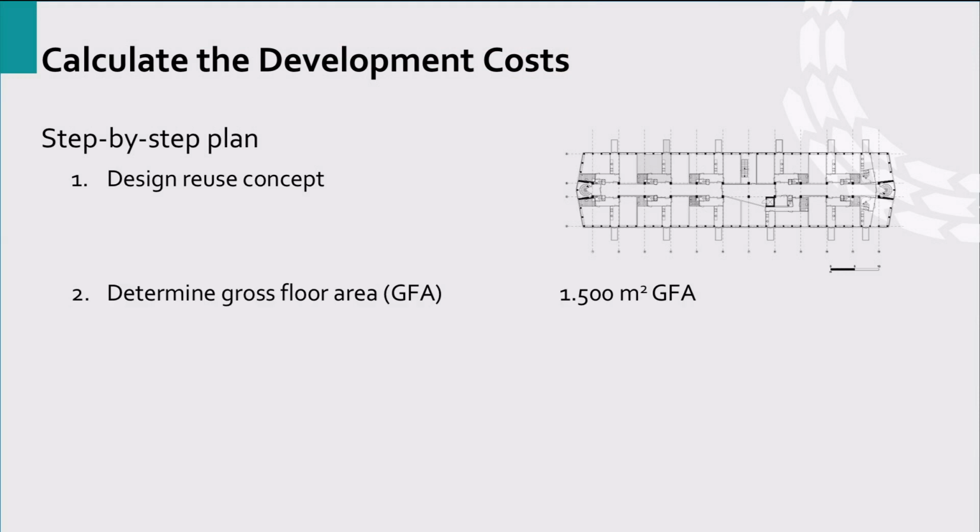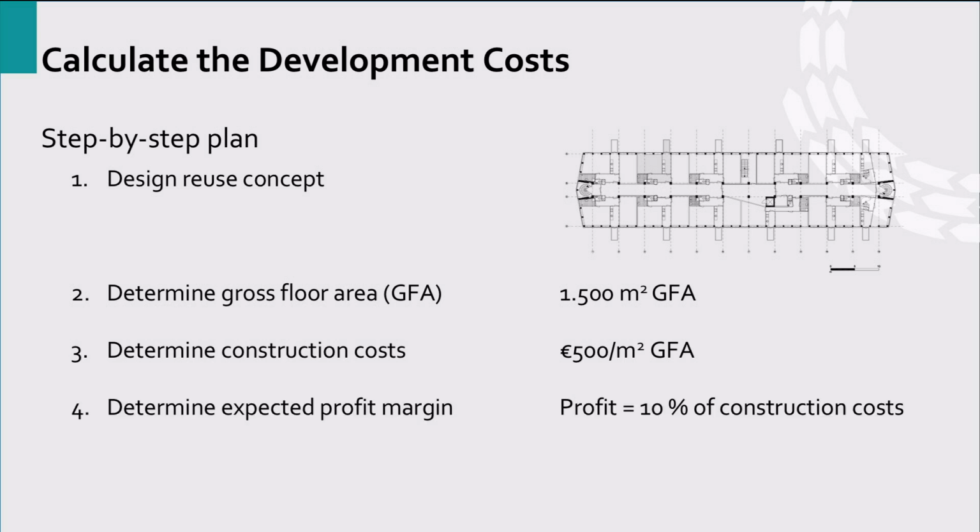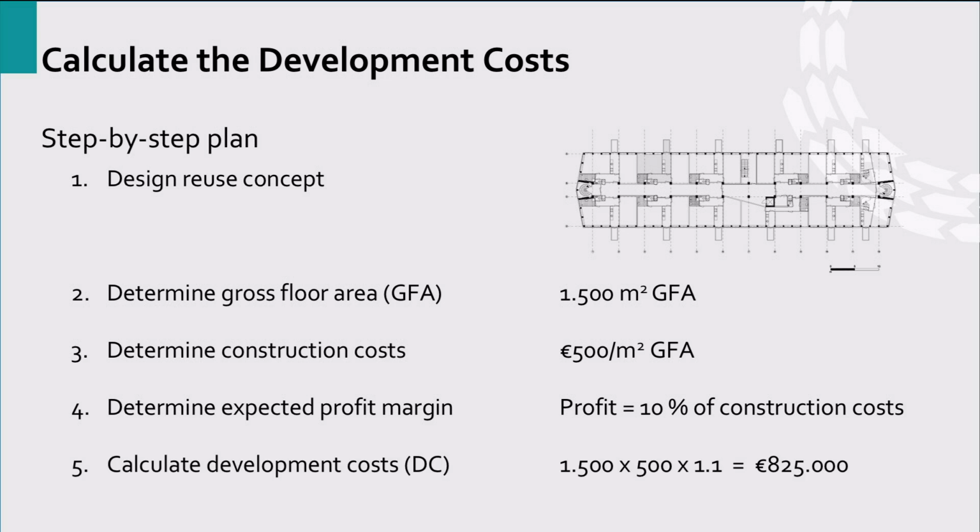Then you determine the gross floor area of the building. And after that, you determine the average construction costs for the specific reuse plan. Then you calculate the expected profit. This can be a percentage of the total construction costs. When you have found all these numbers, you can calculate the total development costs by adding the construction costs and the expected profit.